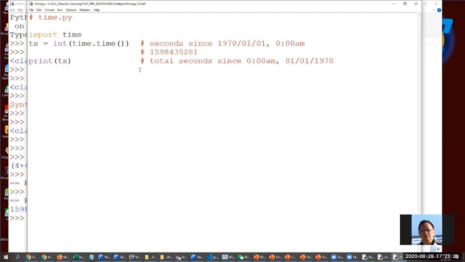Then here, the first number I would like to calculate is the total seconds since this morning, 00 a.m. How can I get this number, the total number of seconds since this morning? So I need to do days.